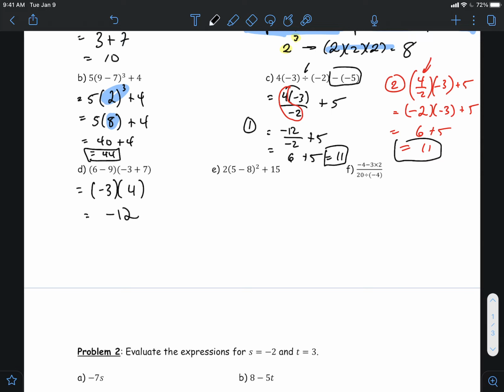He's done a good job at identifying all the key issues that end up arising. We're going to have a good conversation here in a sec. We're going to do the work inside the brackets as per usual: 2 times, what's 5 minus 8, would be negative 3 squared plus 15.